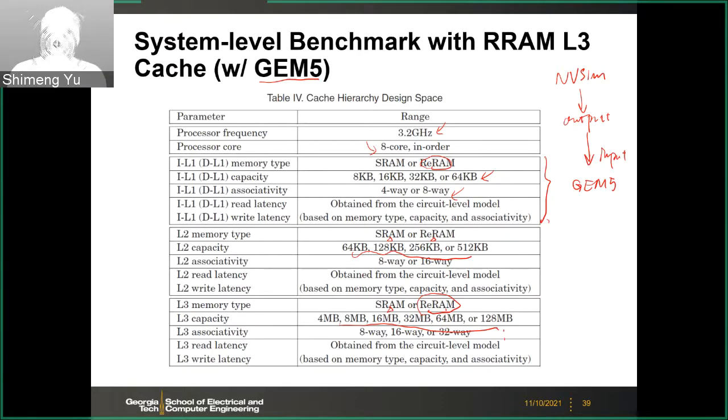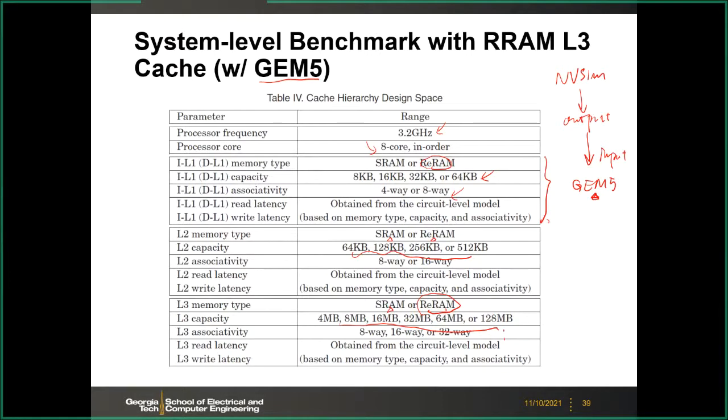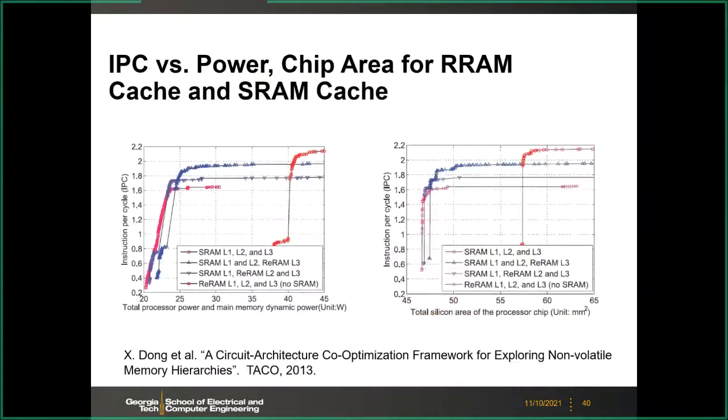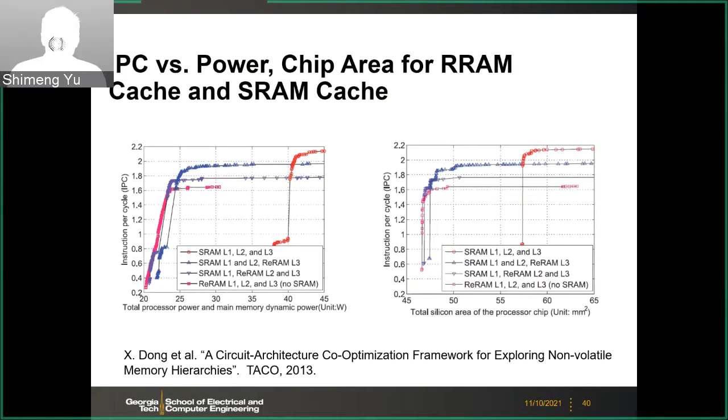Those will be the input parameters to the system level simulator Gen5. And then the Gen5 will run typical workloads, and then this is the output from the Gen5 simulator.